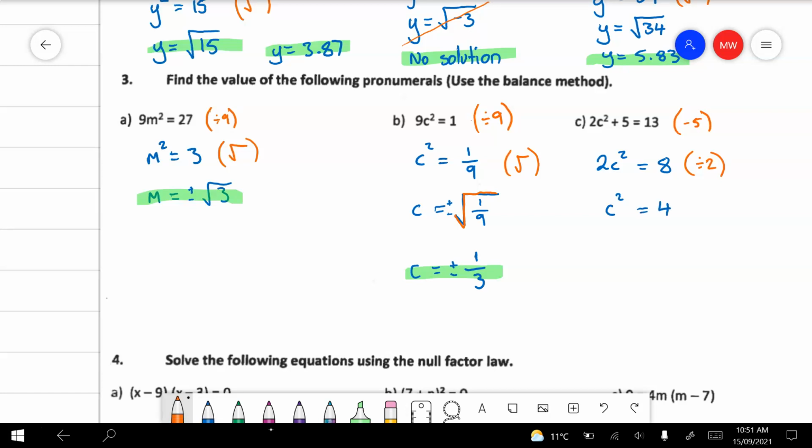This one should work out nicely. It says to square, so I'm going to square root. All I'll have left is c, and on this side I'll have positive or negative 2. So this is a great example of what I was talking about earlier. Remember that positive 2 squared would make 4, and negative 2 squared would also make 4. That's why there's 2 answers.